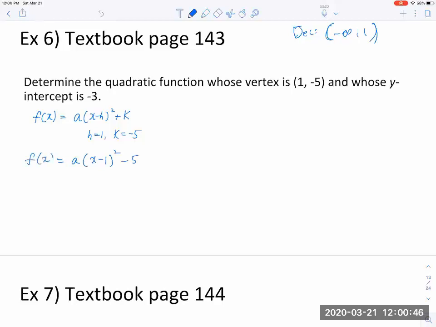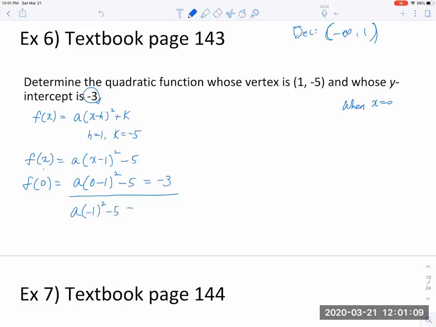This is the vertex form, and they say the y-intercept is negative 3. What does that mean? Y-intercept is when x equals 0. So when x equals 0, a times (0 minus 1) squared minus 5 is going to equal negative 3 as the y-intercept. Let's calculate this part.